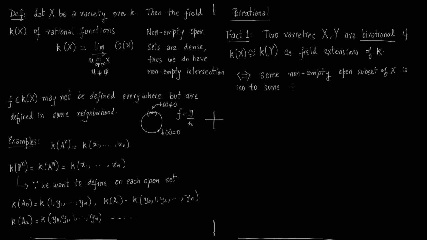So we have already talked about polynomial functions from one variety to another. So instead of polynomial functions, we are considering rational functions to go from one variety to another.